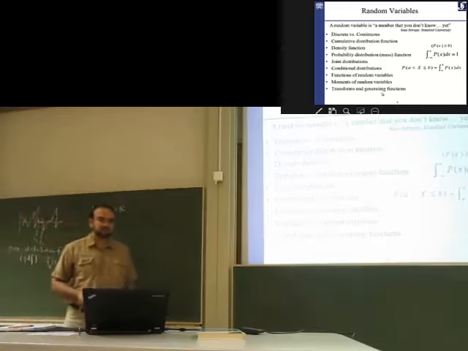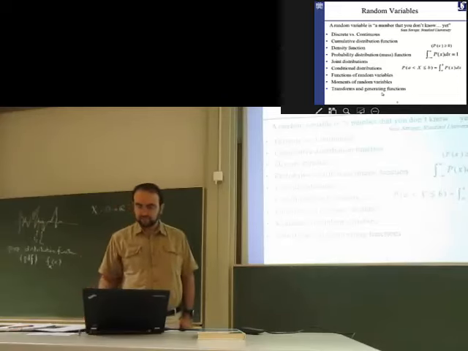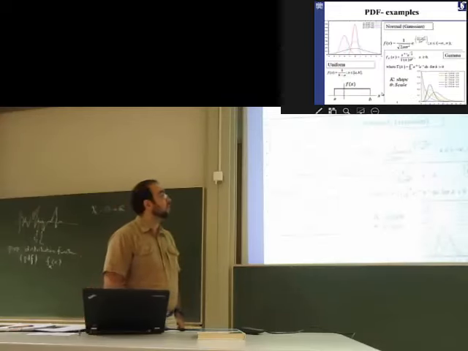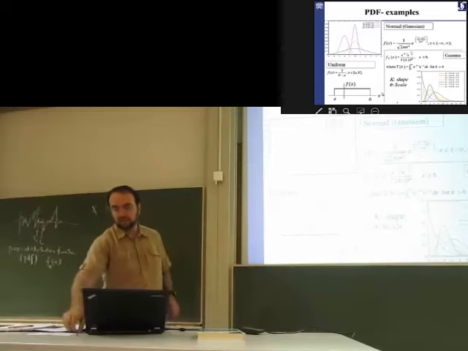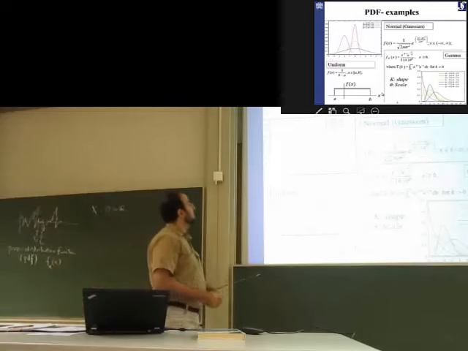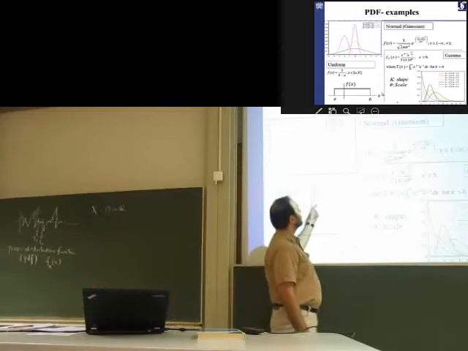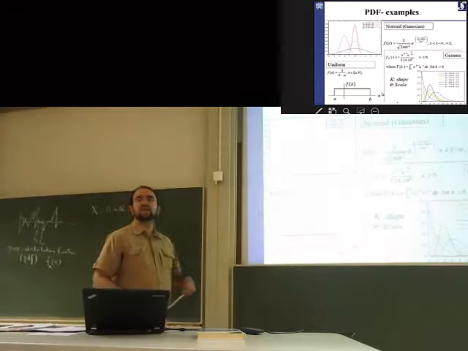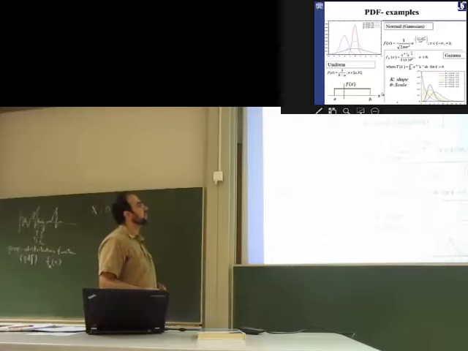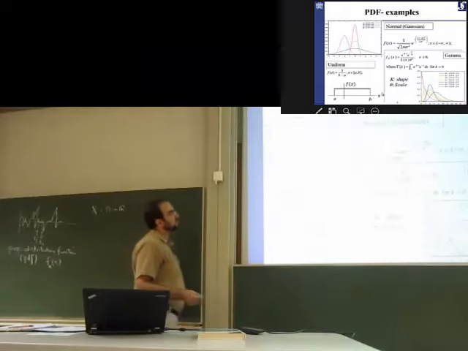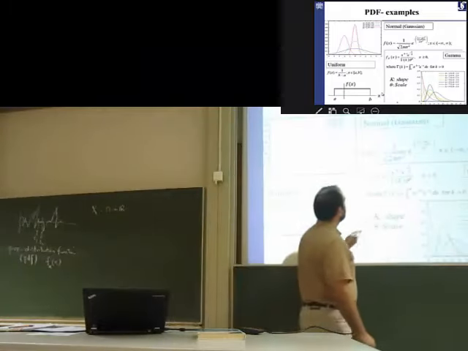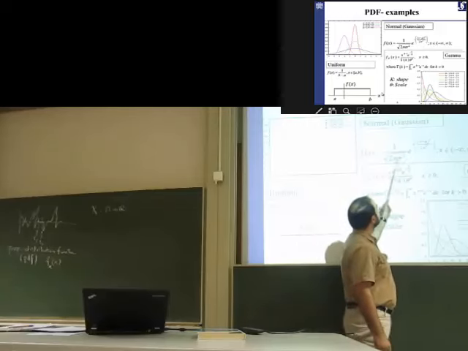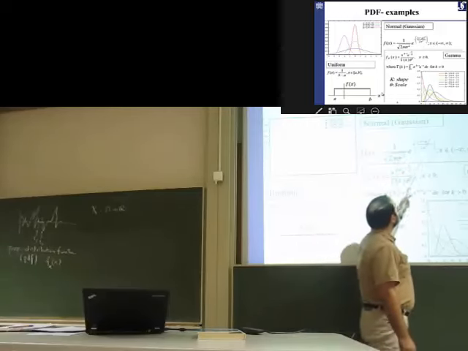For example, we have the Gaussian, the normal or the Gaussian PDF or bell-shaped PDF. And the parameters of such PDF are the variance, sigma square, and the mean.